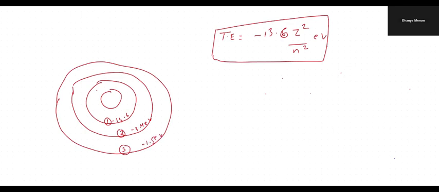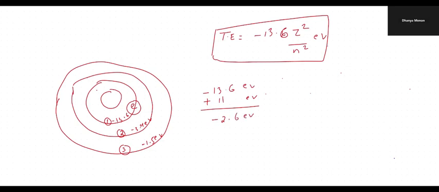Now if the electron is in the first shell and it is provided an energy of maybe positive 11 eV, then, obviously with the minus sign, you get minus 2.6 eV.